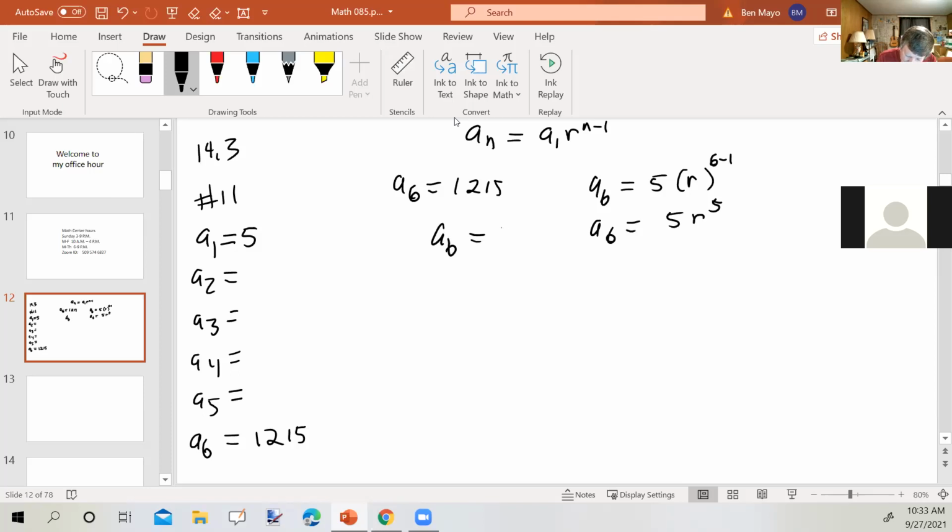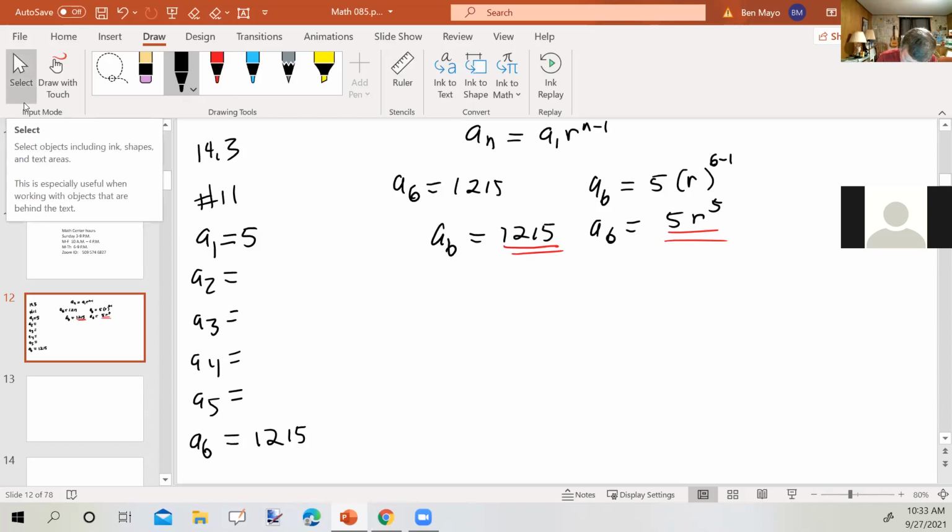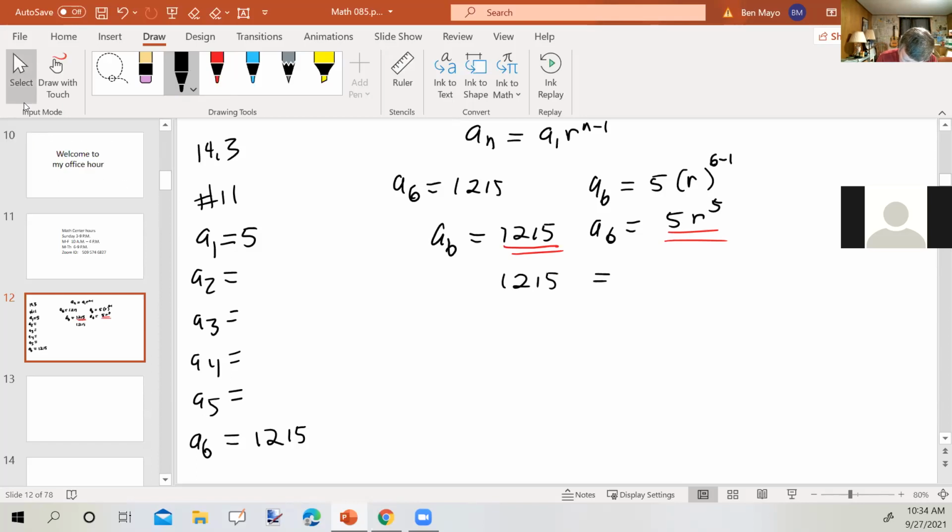So we've got a sub 6 equals 1215, a sub 6 equals 5r to the 5th, which means this equals that. So that's going to form our equation: 1215 equals 5r to the 5th.